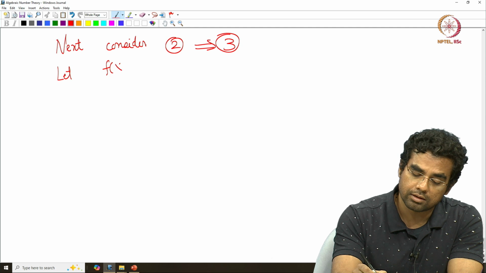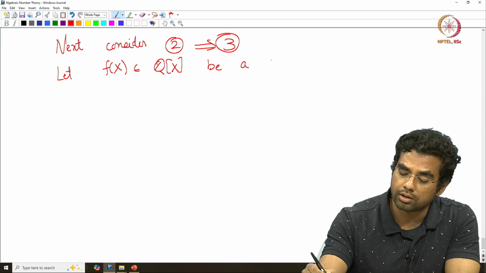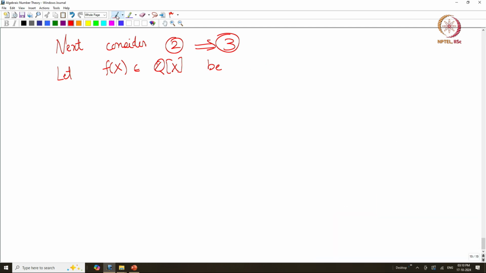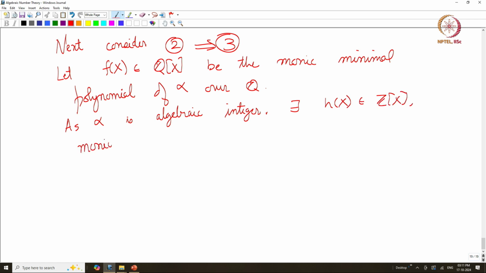So, let f(x) in Q[x] be the monic minimal polynomial of alpha over Q, and 2 tells me, as alpha is an algebraic integer, there exists h(x) in Z[x], monic, such that h(alpha) is 0.